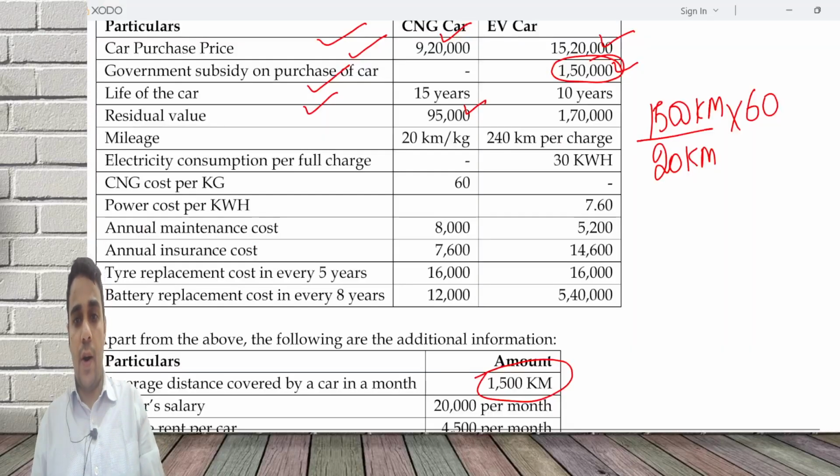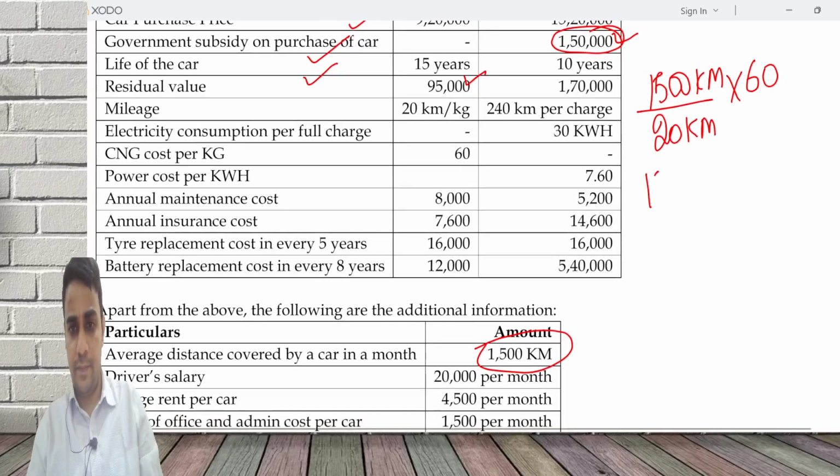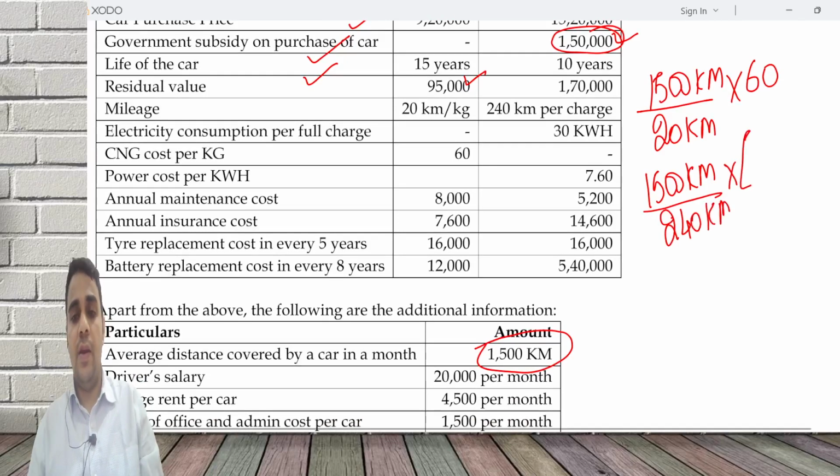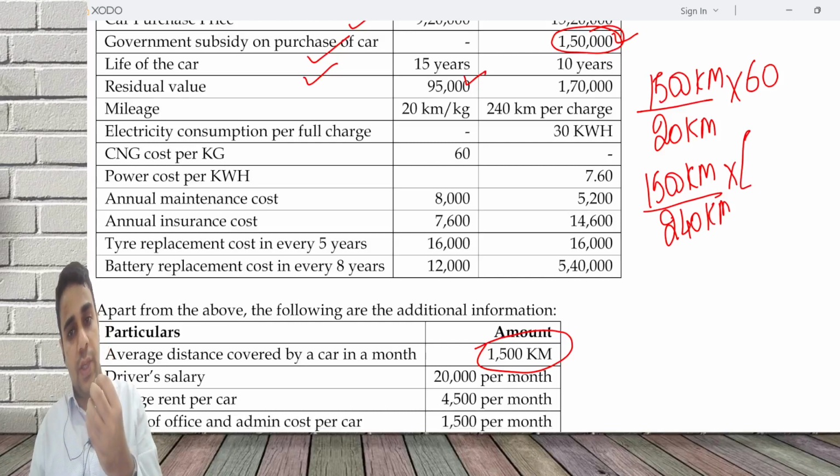For power cost, same 1500 kilometers, but you will spend 240 kilometers per time charging. If you do one time charging, you will be able to travel 240 kilometers. What is the cost of one charge?